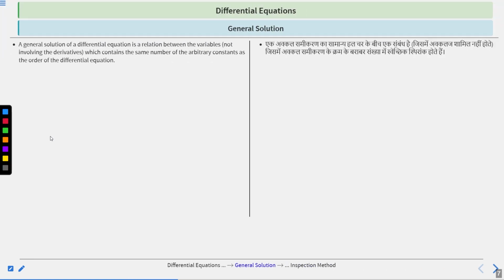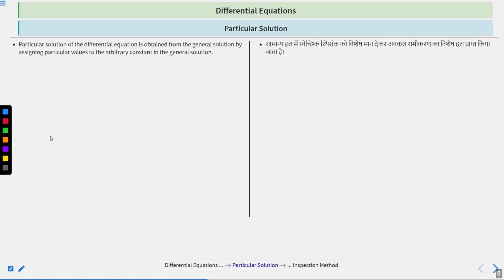Now in the solution of a differential equation, first we should discuss the general solution. A general solution of a differential equation is a relation between the variables not involving the derivative, which contains the same number of arbitrary constants as the order of the differential equation.